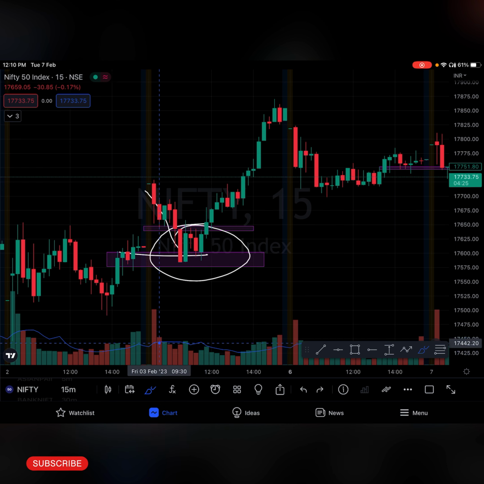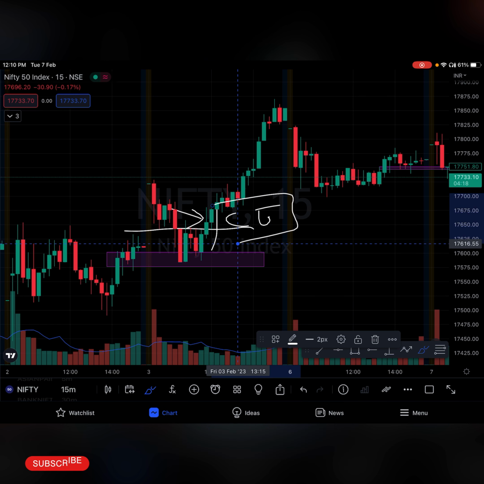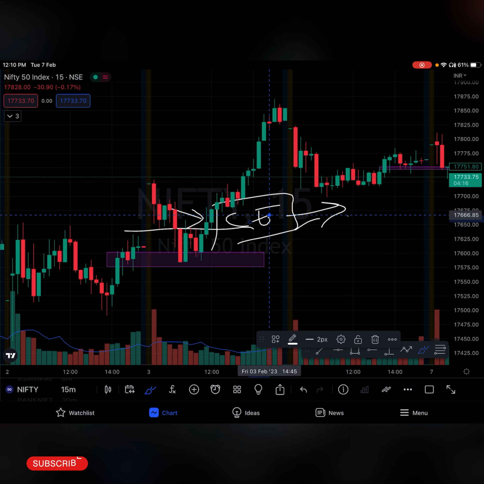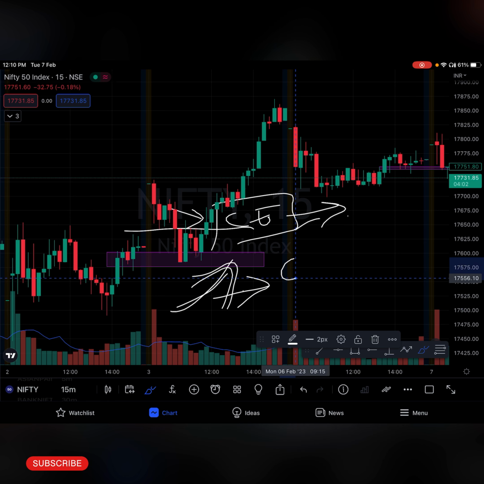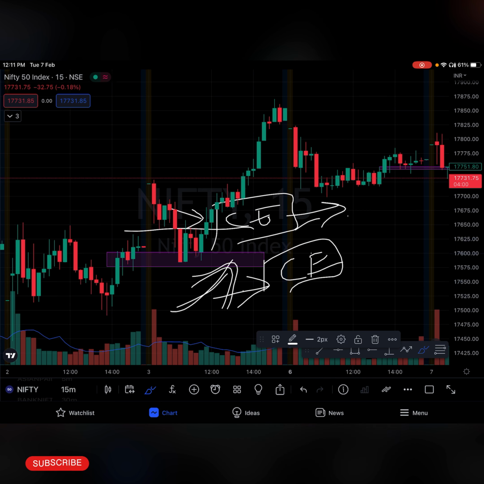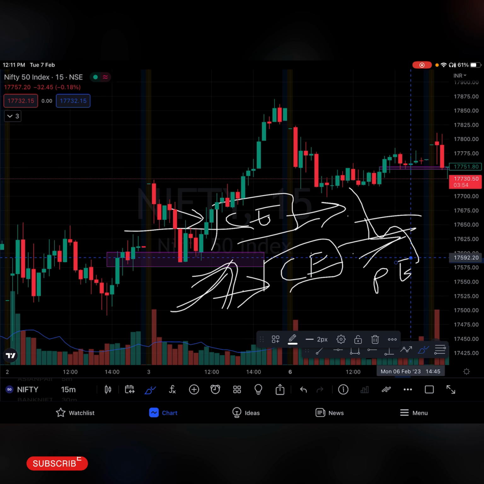So at this particular time, we have to buy CE option over here. Understand? Whenever my analysis is showing that the market may turn upside from here, I have to buy CE. And whenever my analysis is showing that the market may turn downward from this zone, then we have to buy PE. This is the concept of buying call and put options.